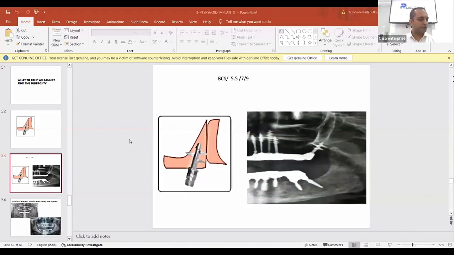Okay, so as you see on the screen right now, in case the rule of 7 says, if you don't get anything, then you should use a rescue protocol, which is using a wider and a longer implant, 7x12 or 7x14, engaging the distal part of the maxillary sinus.